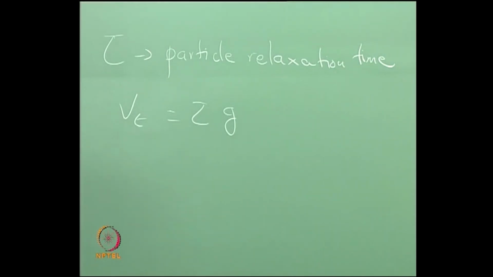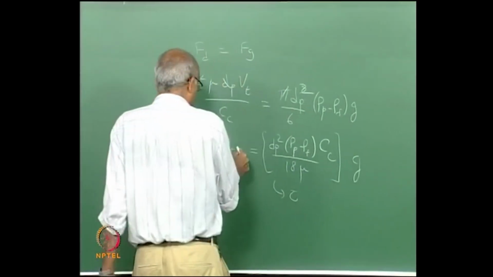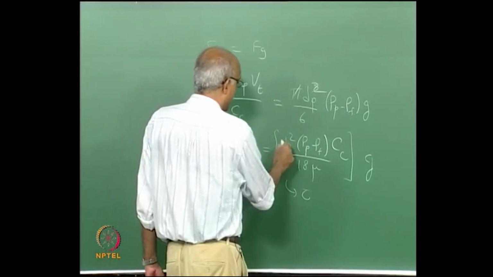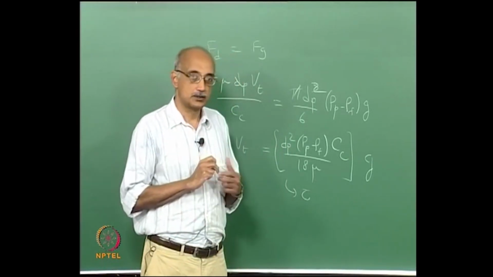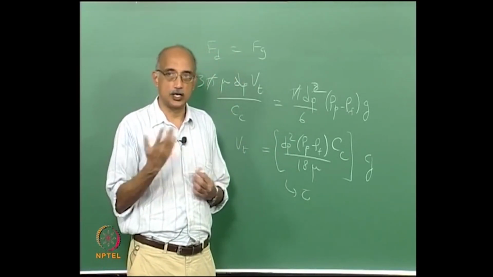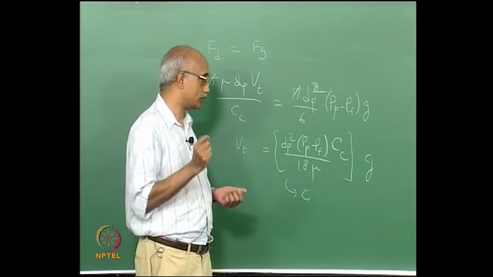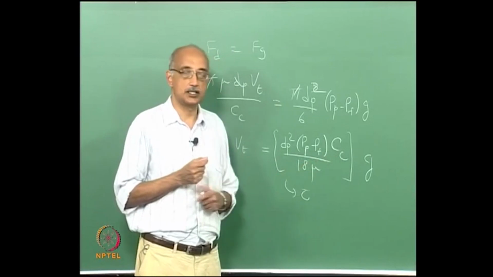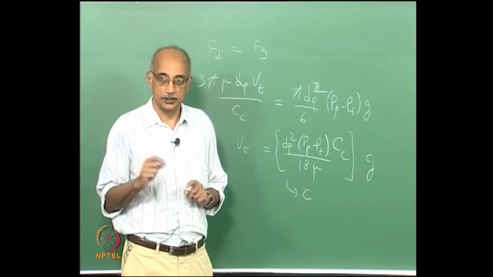Now, if you look at this expression, the dependence of the terminal velocity on particle diameter is it goes as dp squared for large particles. However, for finer particles, as we have seen earlier, Cc itself goes as 1 over dp.